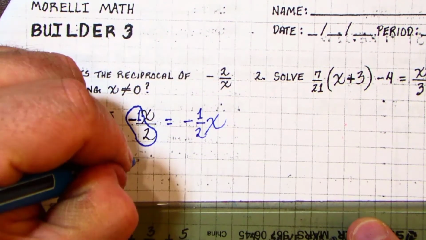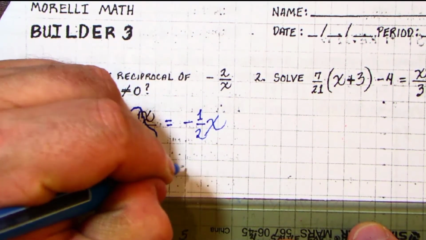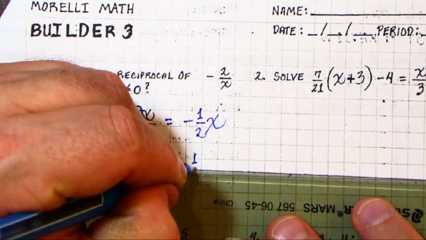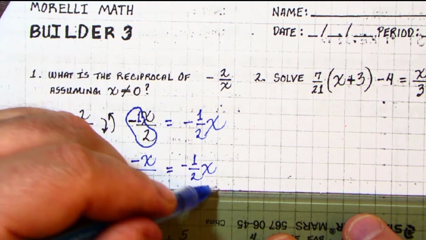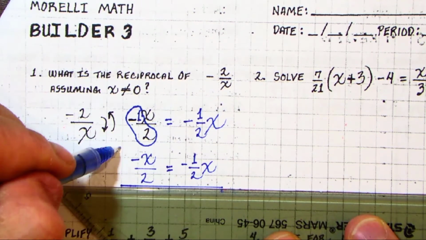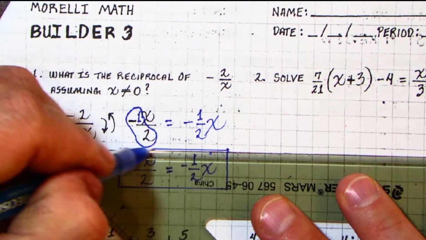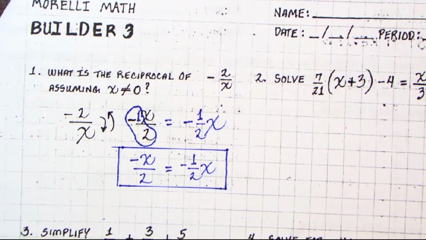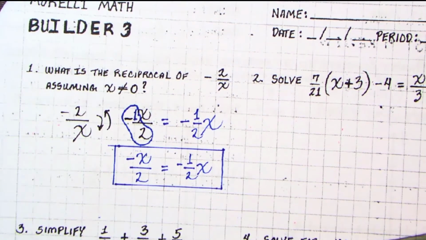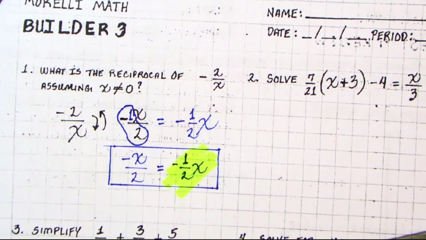So negative x over 2 equals negative 1/2 x. I'm indifferent about which one of these answers you give. However, the harder one to do is the one that's going to be needed most often. So if you want to put something down in your brain, do that one.